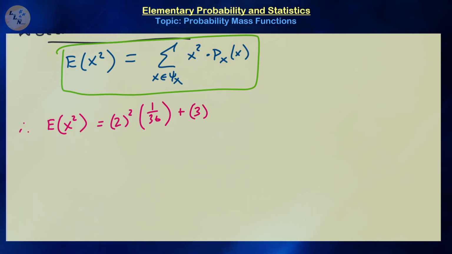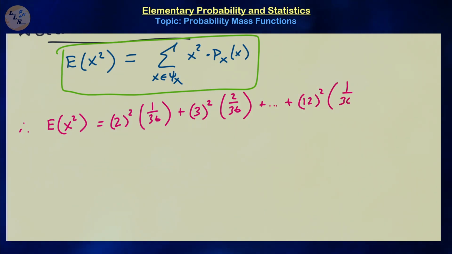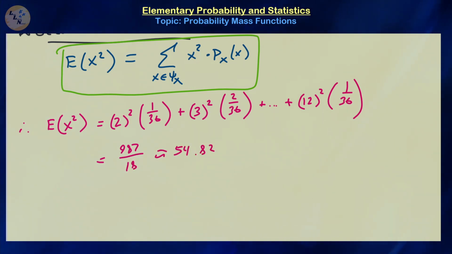The next value we could get is 3 squared times its probability, all the way down to the last value that we could get, squared times its probability. And once you do all that out, you're going to get 987 divided by 18, or approximately equal to 54.83 repeating. So that's the second moment.